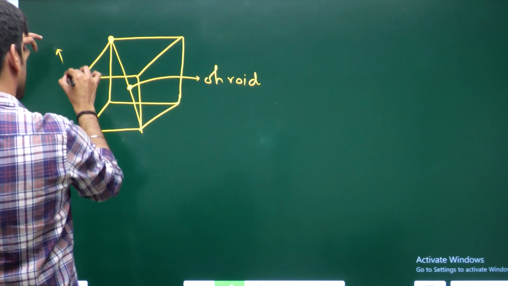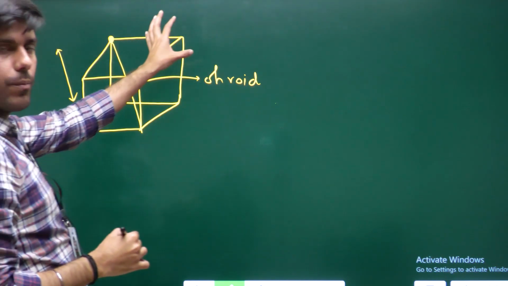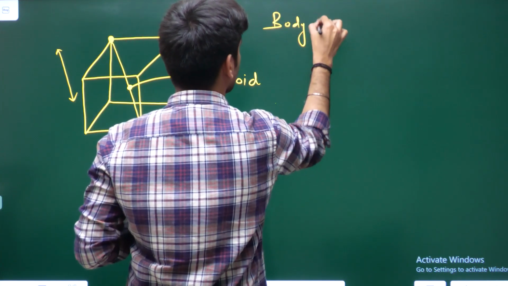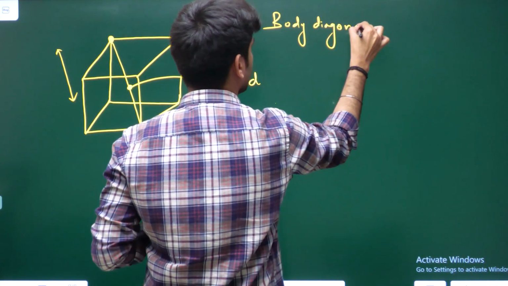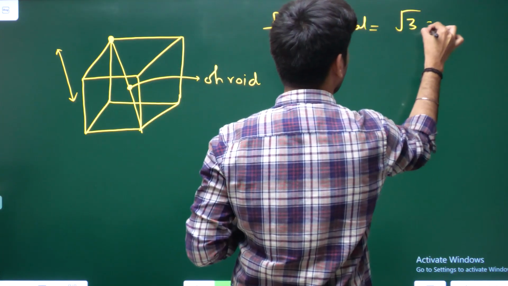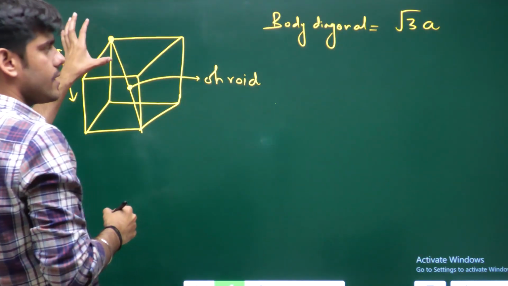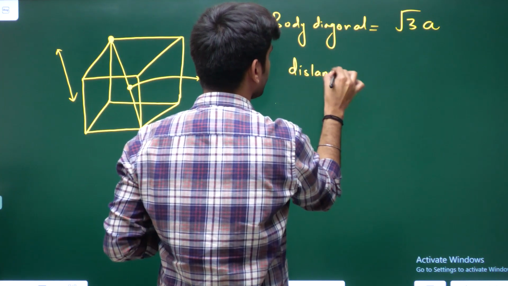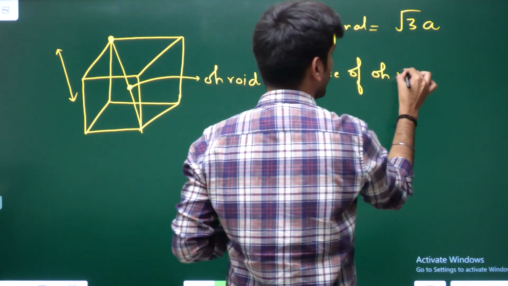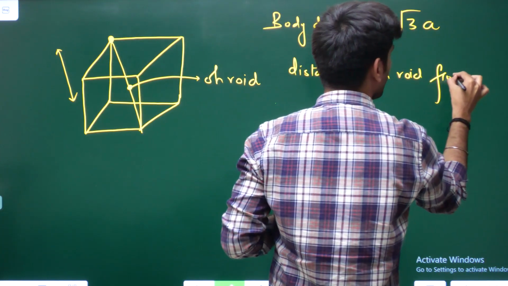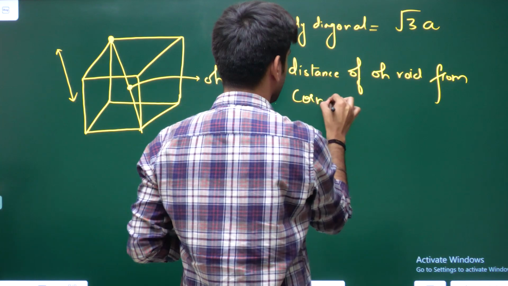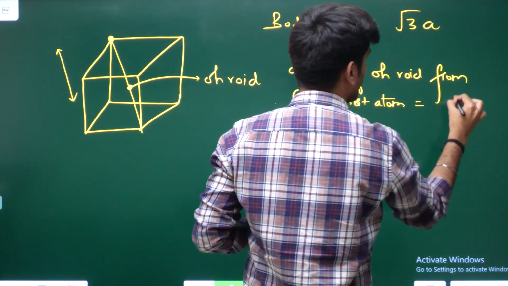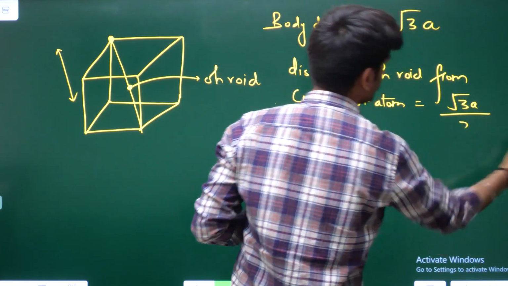This is exactly half of the body diagonal. We know that the body diagonal is equal to root 3a, and this distance is exactly half of it. So the distance of the octahedral void from the cornermost atom is equal to root 3a by 2.